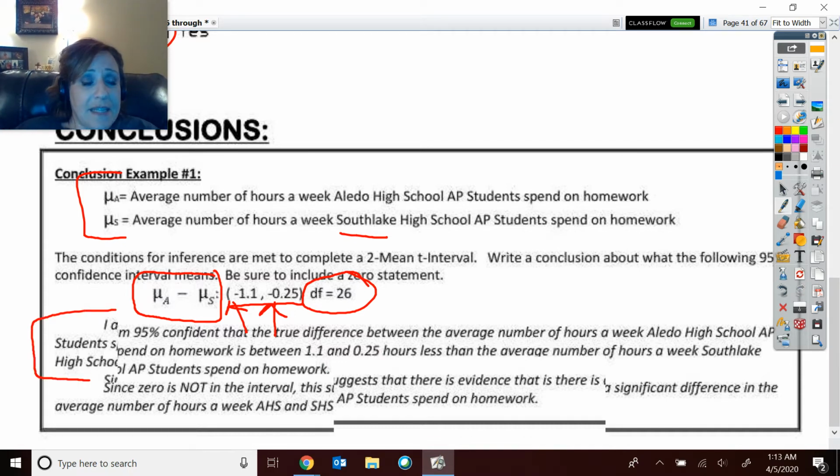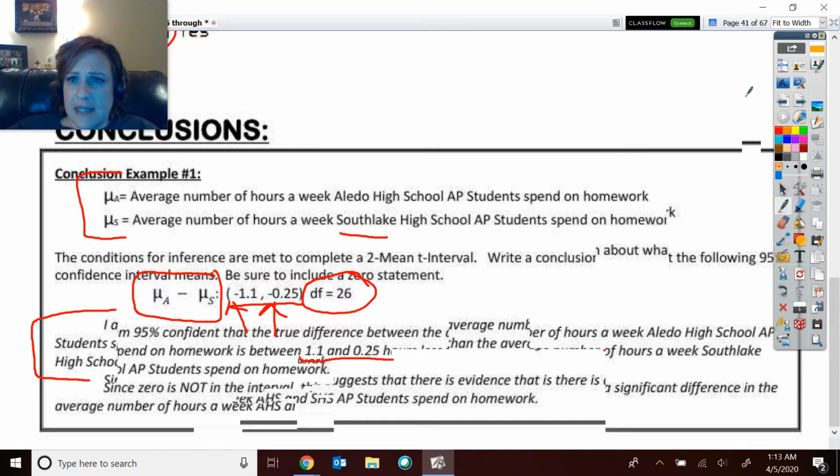I am 95% confident that the true difference between the average for the Alito High School students' time spent on homework for AP students is between 1.1 and 0.25 hours. I probably should have written that 0.25 to 1.1, just because it's typical to write it least to greatest.